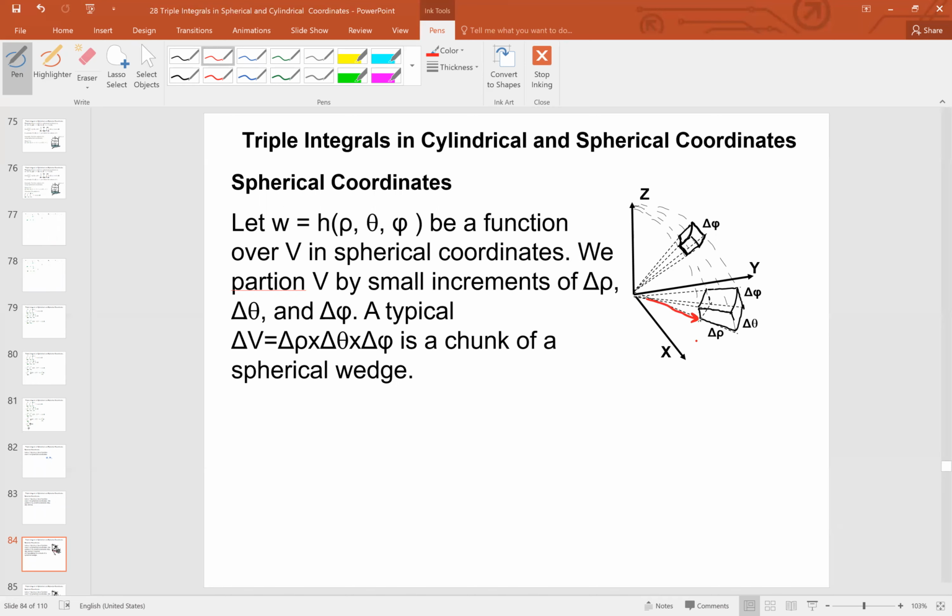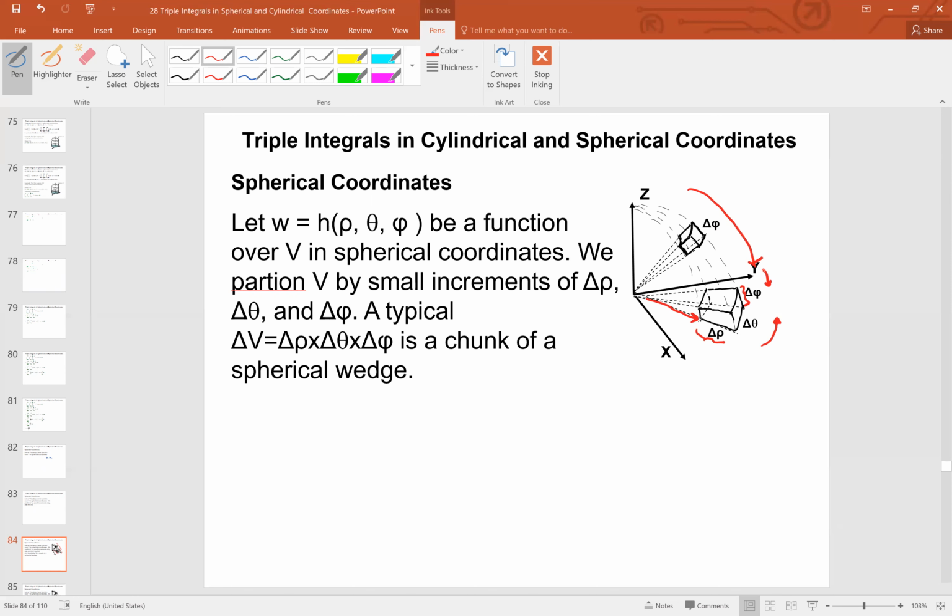Here the rho goes outside, and suppose I extend the rho a little bit by d rho, and I'm going to swing and let theta change by delta theta, d theta, and then my tilt angle, I'm going to change the tilt from here downward, to phi plus delta phi like that.